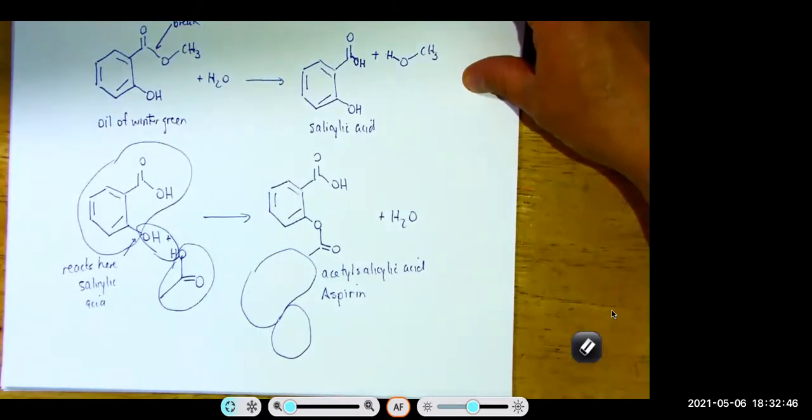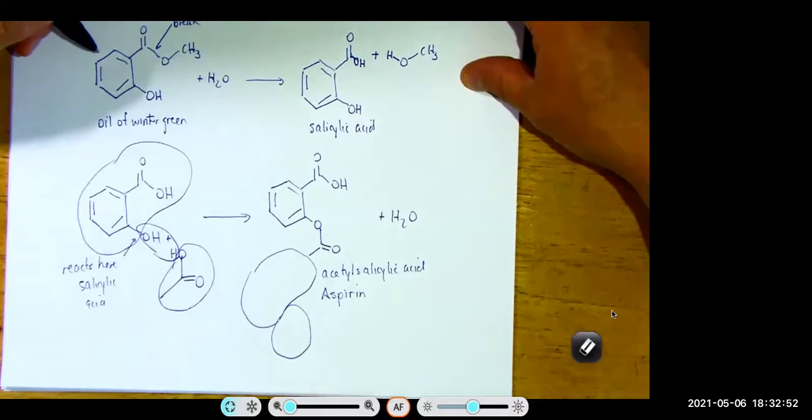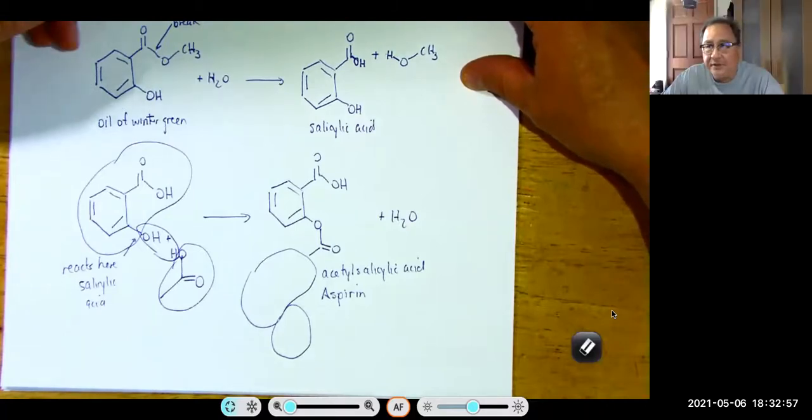You ever heard of aspirin? Oh, yeah, we make aspirin in this class when we meet face to face. Oh, cool. Yeah, and unfortunately, we can't really make you do it at home because it's too difficult and too dangerous.